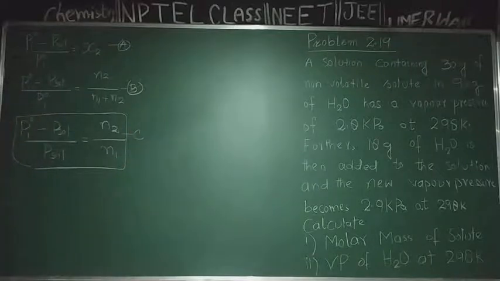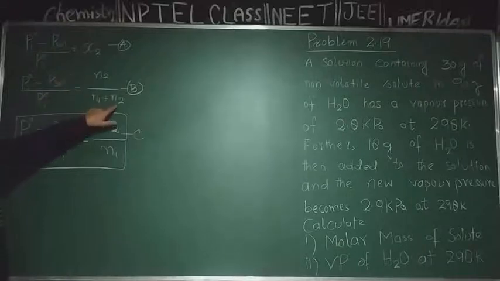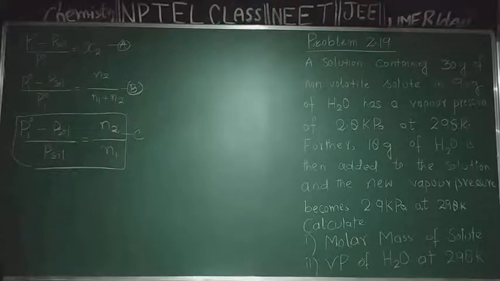Idea is that I want to make my calculations easy, but there should be no difference in the answer of this problem. How I can minimize my calculations, how I can save my time in order to solve this problem? By reducing number of parameters in the equation. You see here in this equation there is N2 in denominator, but here in this equation there is no N2 in the denominator.